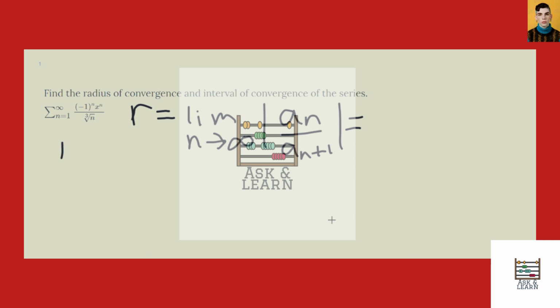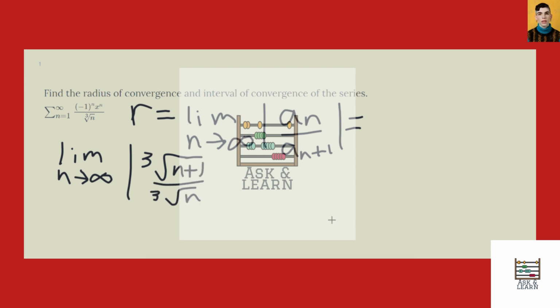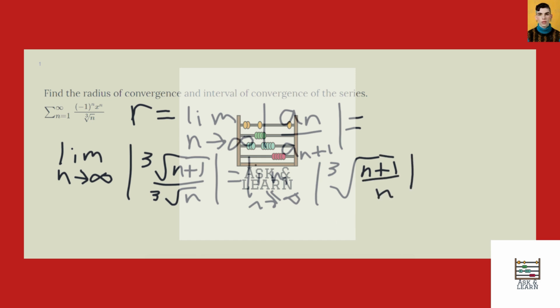So we're going to get the limit as n goes to infinity of the absolute value of the cube root of n plus 1 over the cube root of n. So this is the limit as n goes to infinity of the absolute value of the cube root of (n plus 1) over n. The limit as n goes to infinity of (n plus 1) over n is 1. So this is the cube root of 1, so this is just 1.